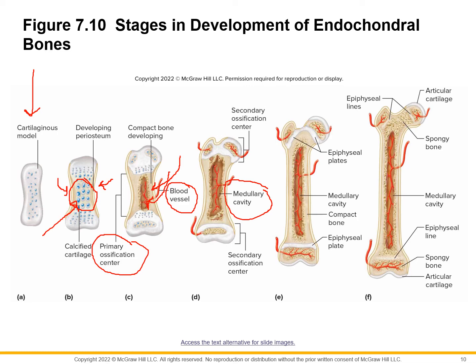Now, as this starts getting a foothold, it's spreading in every direction, widthwise and lengthwise, up and down and side to side. As that's happening, I'm going to have a secondary ossification center start in the epiphyses. I'll have these little blood vessels that will weasel their way into that and start dropping off osteoblasts and osteoclasts.